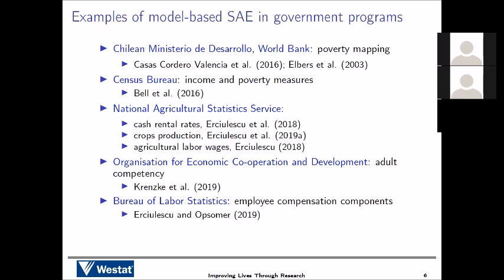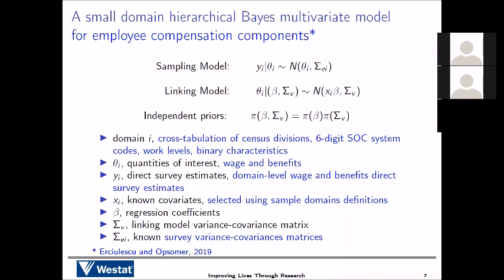And finally, at the Bureau of Labor Statistics, I'm currently working on a small area estimation model-based approach for employee compensation components. This final one I'm going to use in this talk as an example, just to show you what I mean specifically. Here is a hierarchical multivariate model for employee compensation components. Again, the sampling model assumes yi given theta i, and here yi is a bivariate vector. So I have survey estimates for domain i for both wages and benefits, the two components of employee compensation.